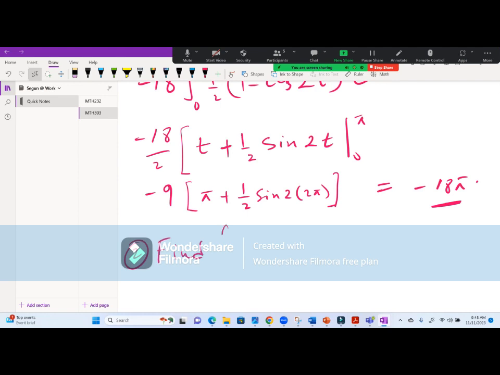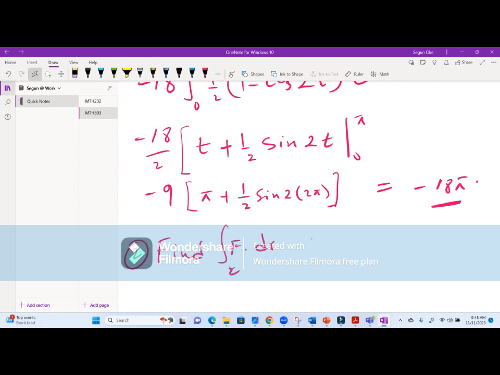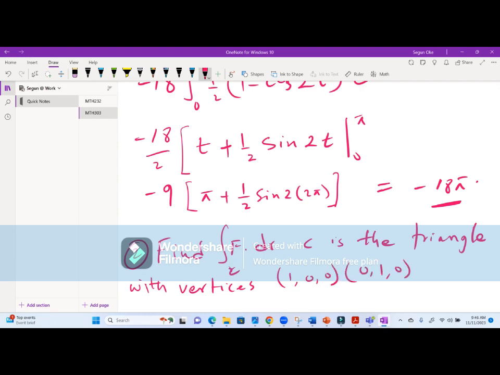Find the integral of F dot dr, where C is the triangle with vertices 1, 0, 0, and 0, 1, 0, and 0, 0, 1.